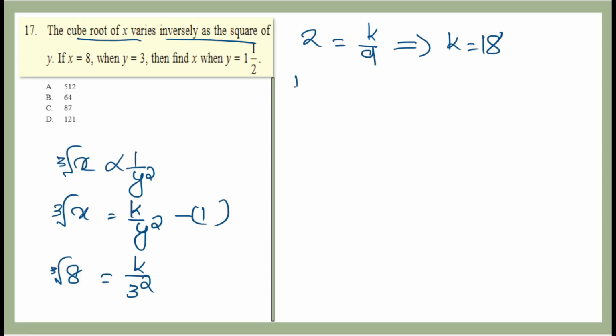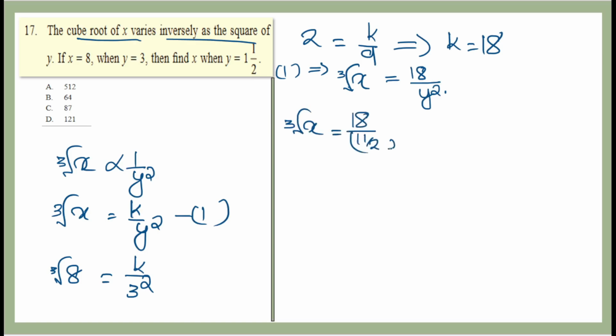Then equation 1 implies cube root of x equals 18 by y square. Now we need to calculate x when y equals 1 and 1 by 2, which means cube root of x equals 18 by 1 and 1 by 2 whole square. Then find x.